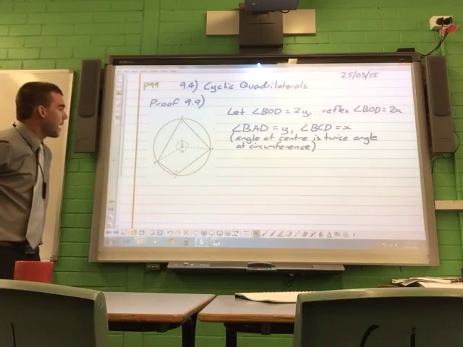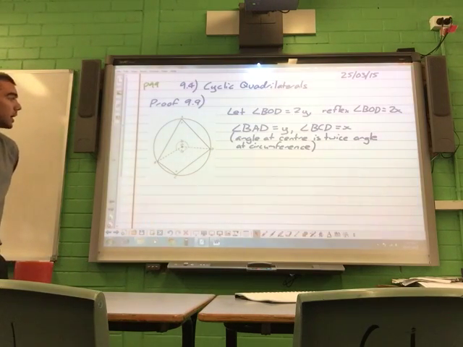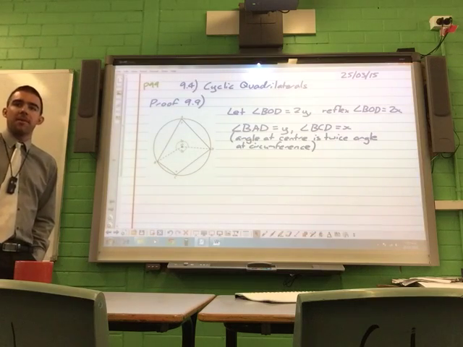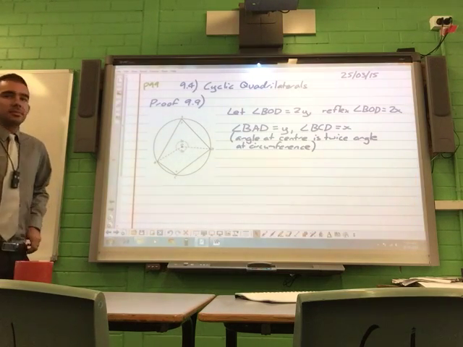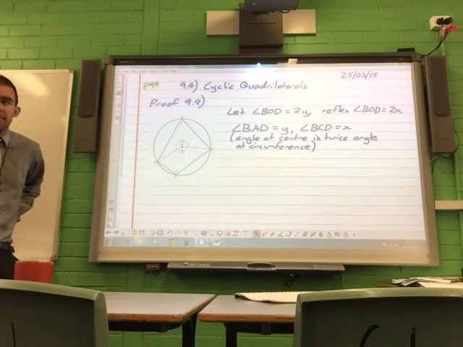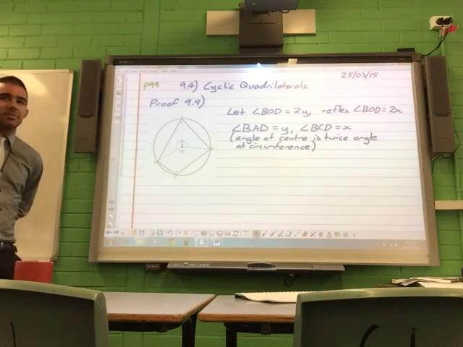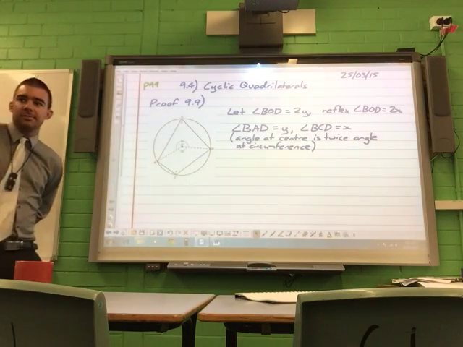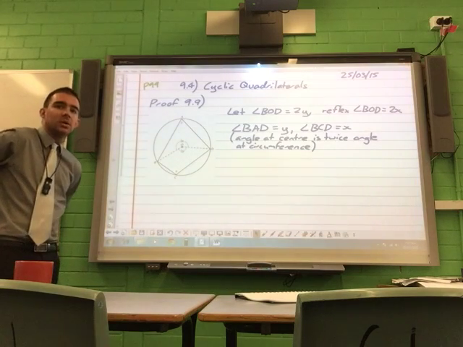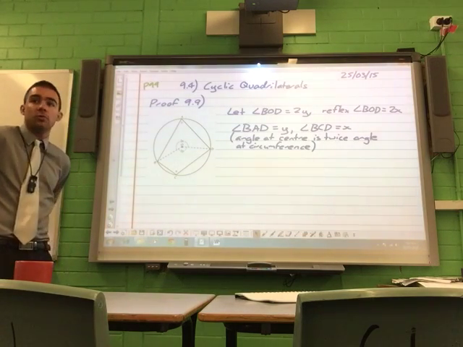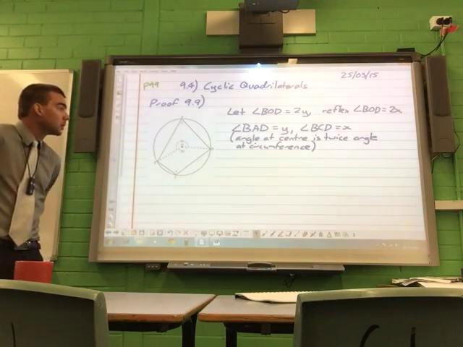Right, what can you tell me about 2x and 2y? What about 2x plus 2y? What can you tell me about that? Good. Okay, so we've got the total revolution angle there, 2x plus 2y.